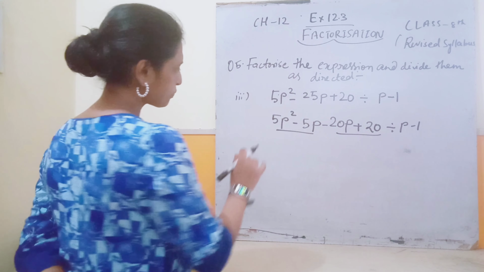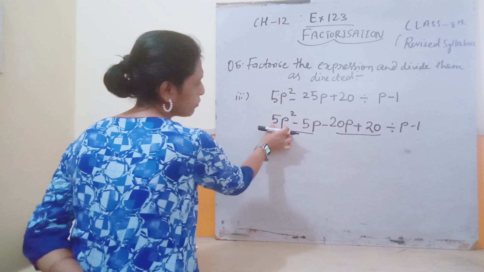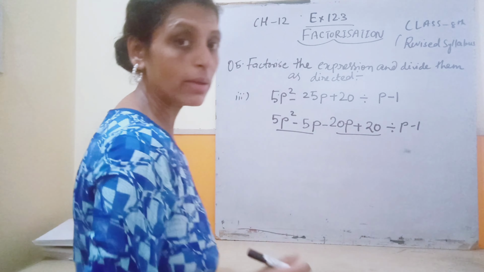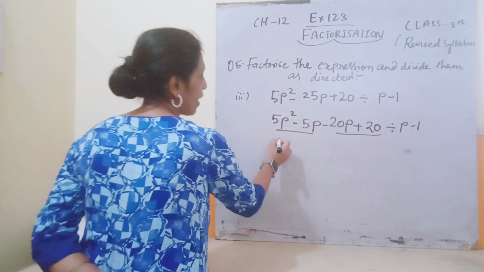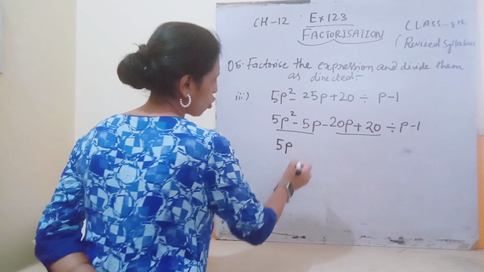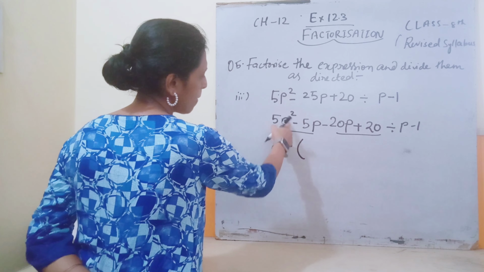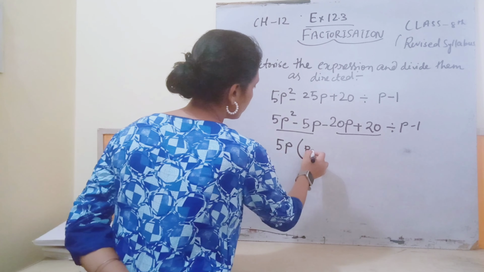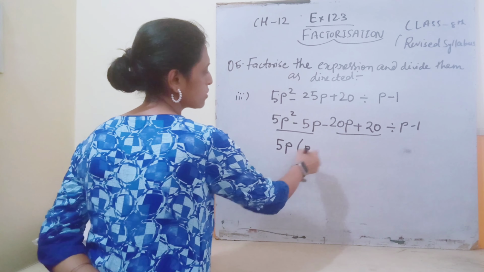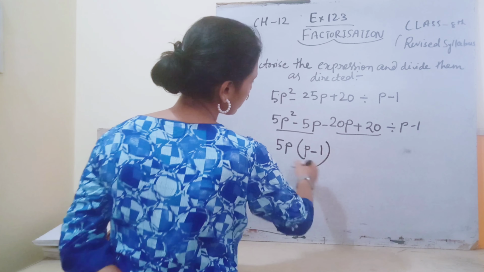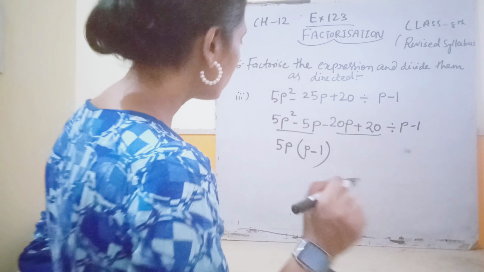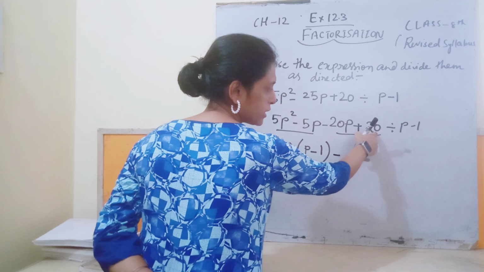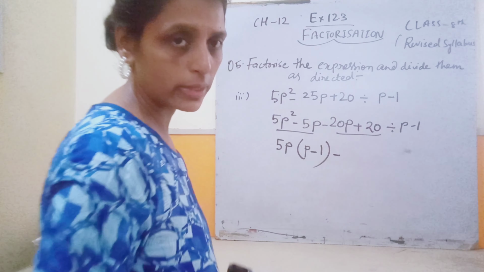Children, in the first term we can see 5p square, and in the second it is 5p. So at least 5p can be taken as common, and we are left with p minus 1. Now in the last term we can see 20 as well.